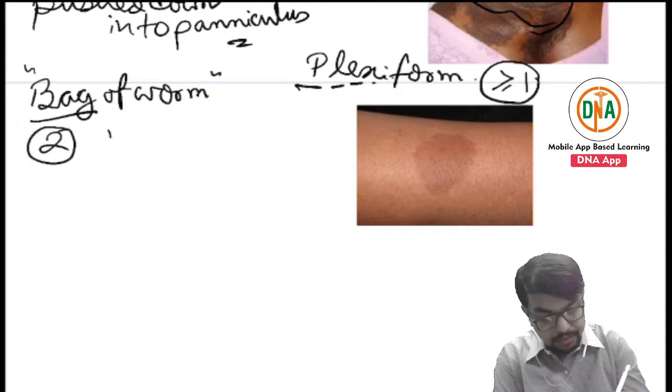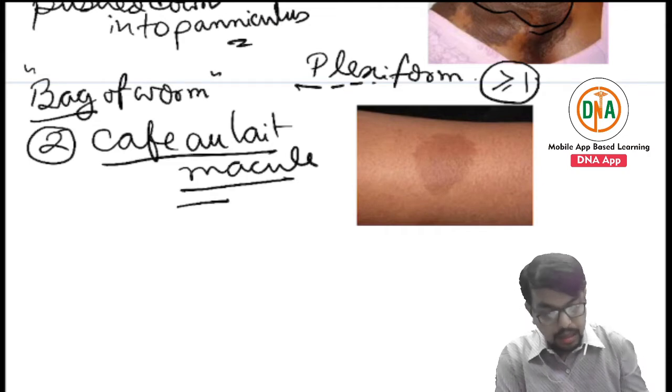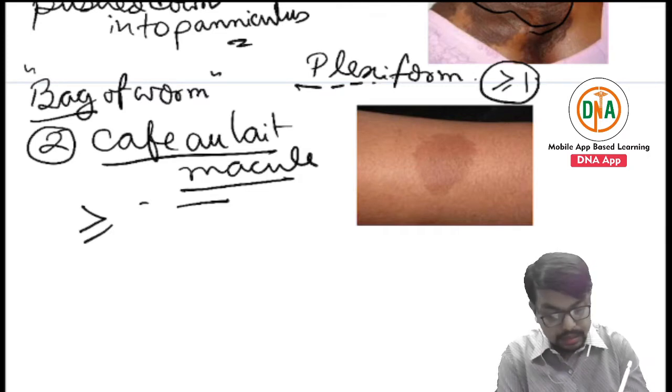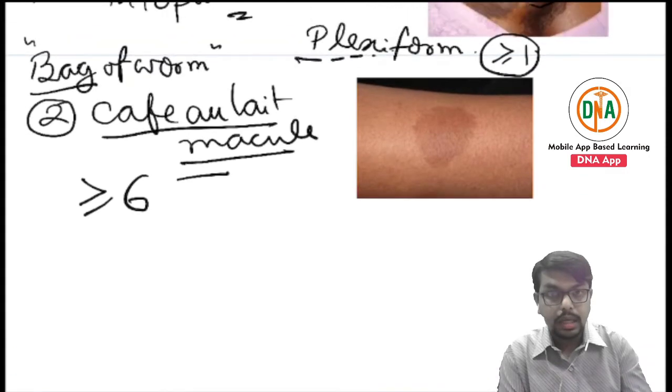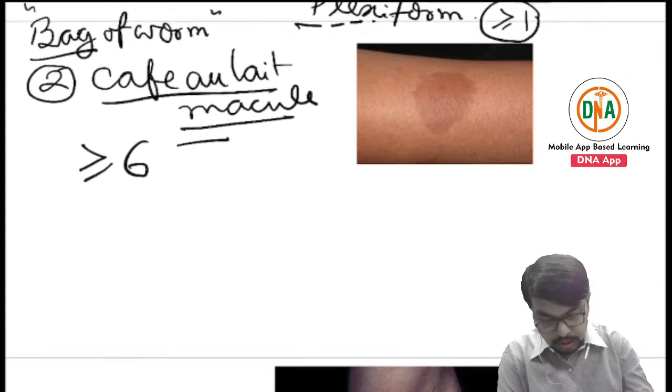Second is cafe au lait macule, a hyperpigmented macule. If there are more than 6 in number, then it is a diagnostic criterion. Along with the number, the size is also mentioned.